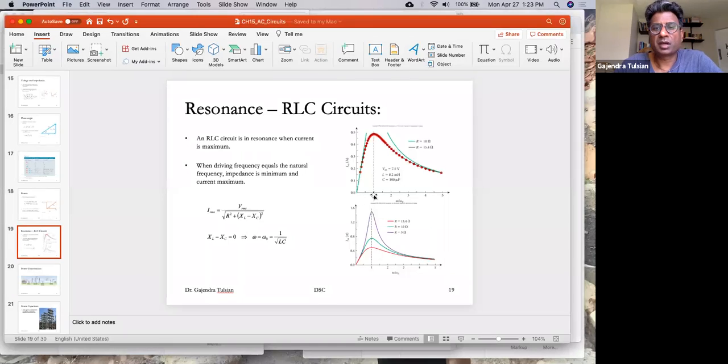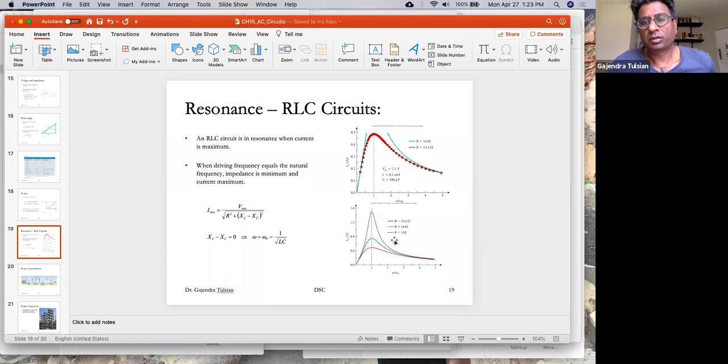And that's what this diagram is showing you. Omega naught is the resonance frequency of the circuit. It's equal to 1 over square root of LC. As you tune the frequency of the source, for omega equal to omega naught, that is, omega over omega naught equal to 1, the amplitude of the current is maximum.